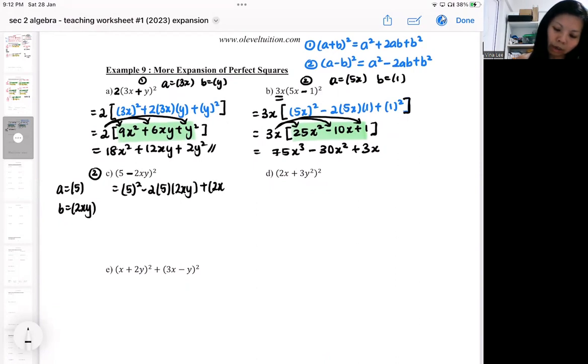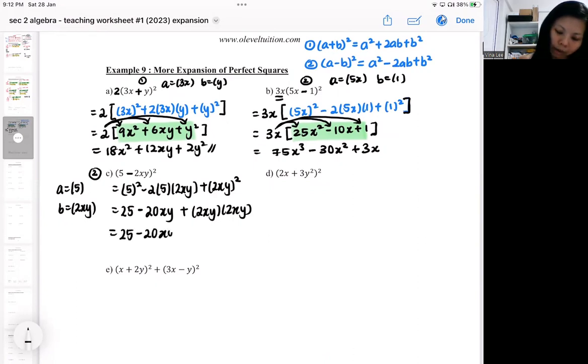So you keep saying out the formula until you're used to it. So you will get 25. You will get 20. This is the one that a lot of people make mistakes on. So this is 2xy bracket 2xy. So in your head, you should process it as 2xy times 2xy. So it gives you 4x squared y squared.